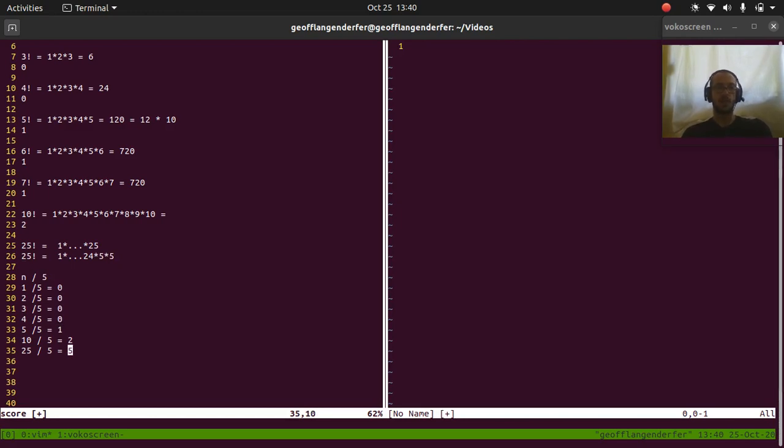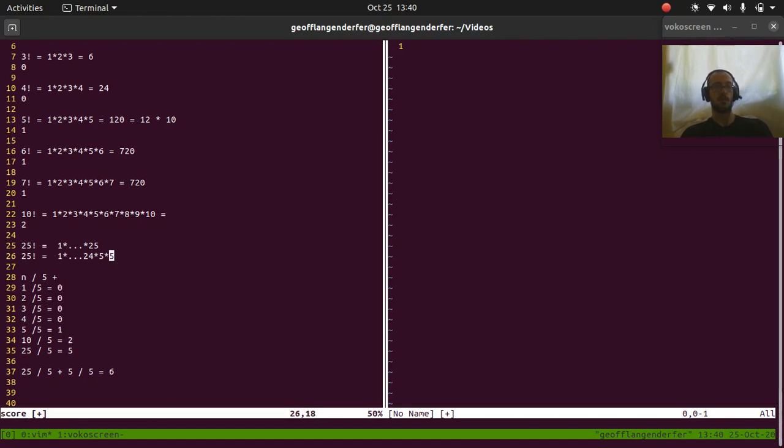So n divided by 5 plus 1 for when n is 25. But what is 1 equal to? So 5 divided by 5 is equal to 1, so 25 divided by 5 plus 5 divided by 5 equals 6.